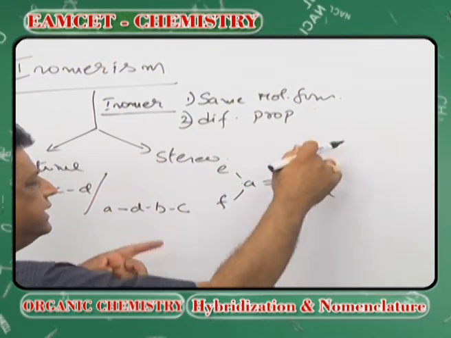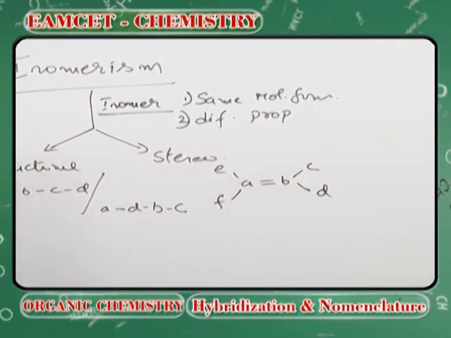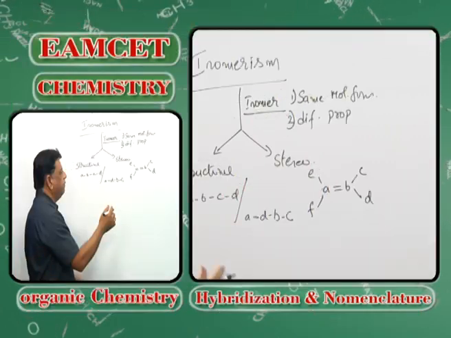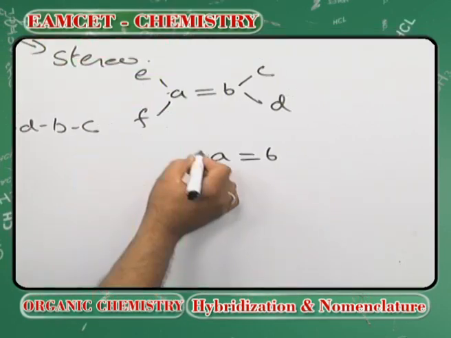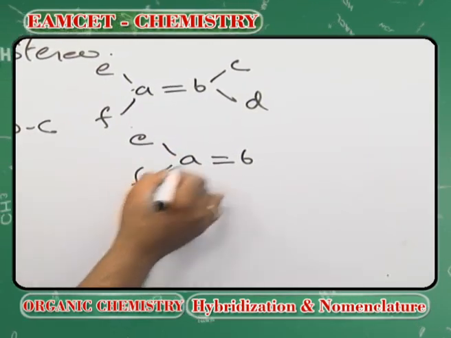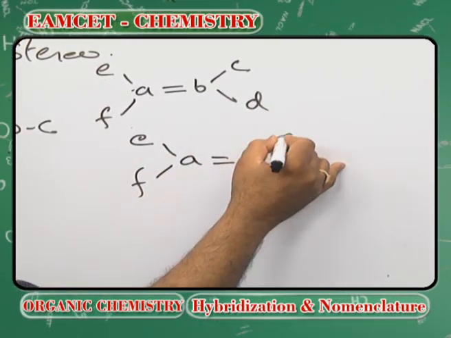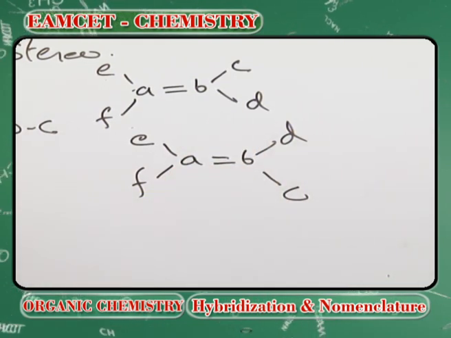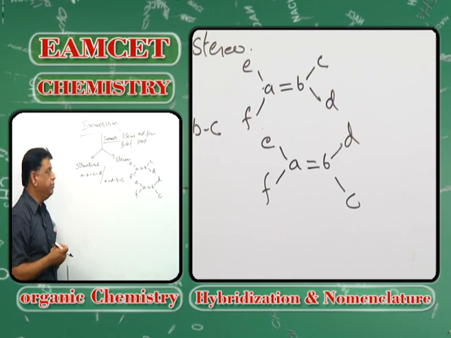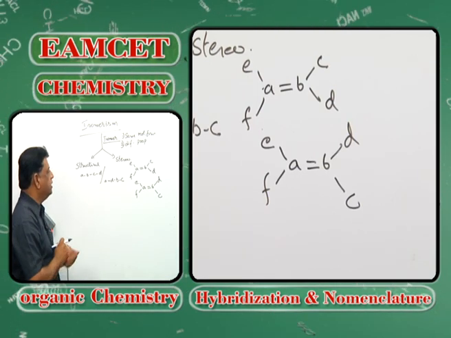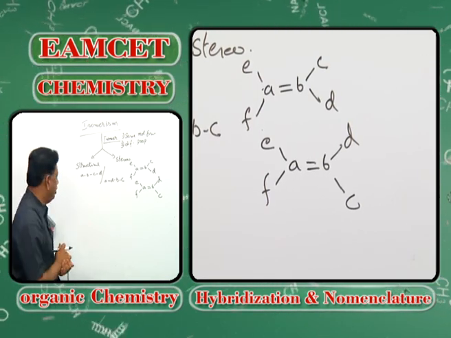By changing the C and D groups, the order will be the same, but we get an isomer. A, B is the same, E and F also the same, but C is shifted down and D is taken up. We have not changed the order, but we have changed the positional arrangement. Therefore, such a type of isomerism goes to stereoisomerism.